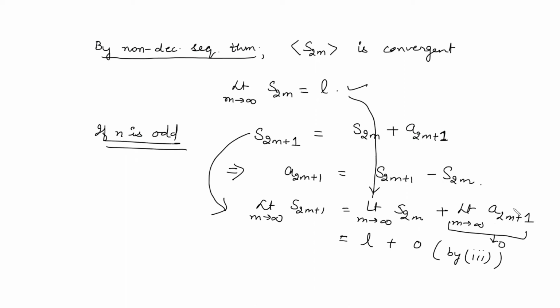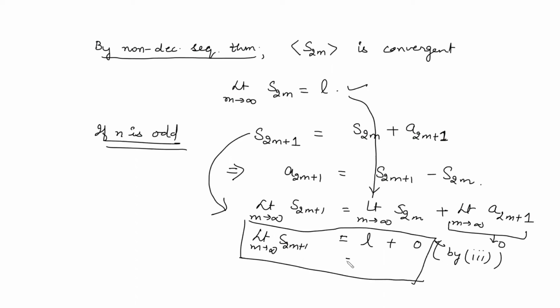This is the same as an+1, whose limit is 0, so we can put 0 here. So what is the limit of s2m+1? It is again L.